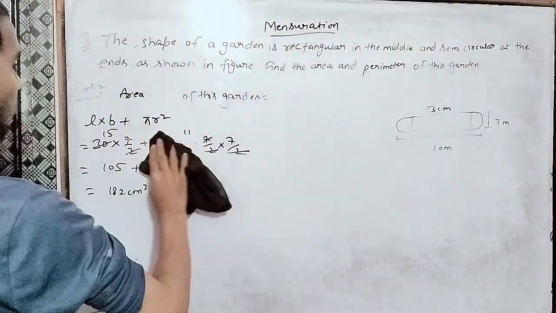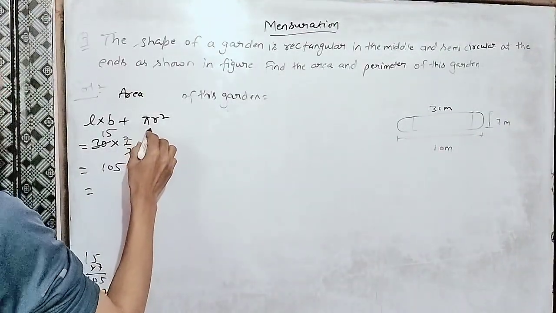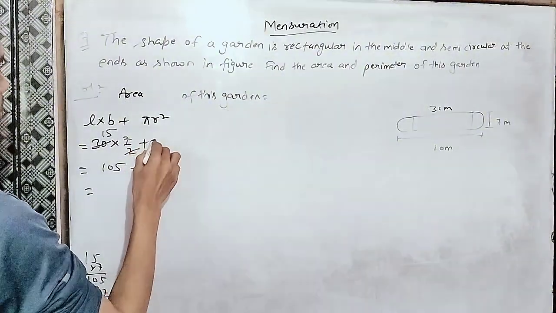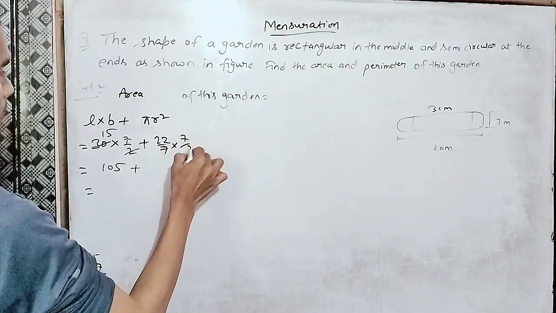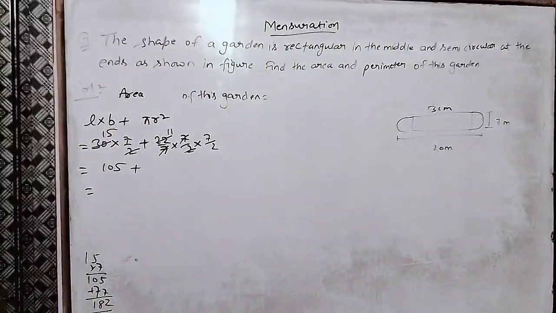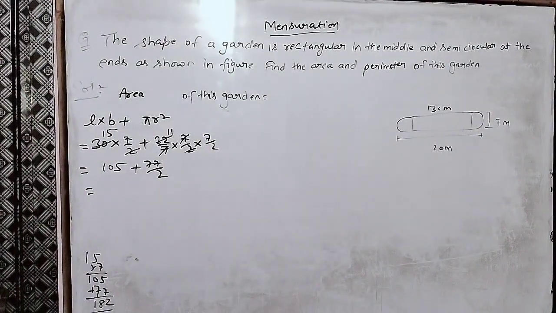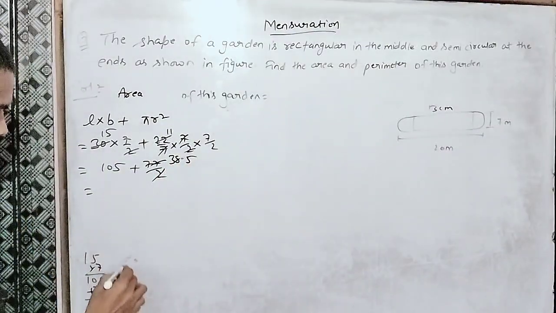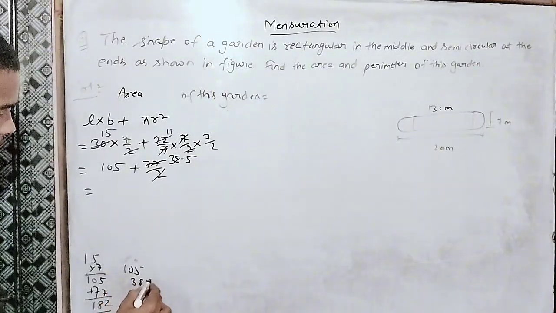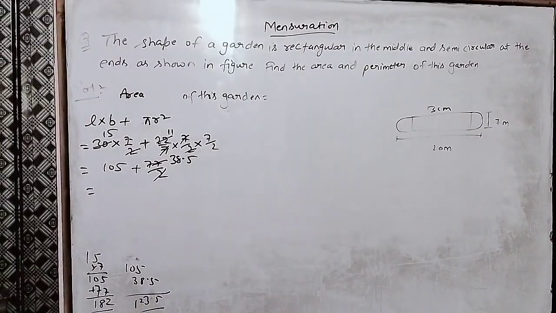This is only 2. Now here we have 77 upon 2. Then it will come out 38.5.